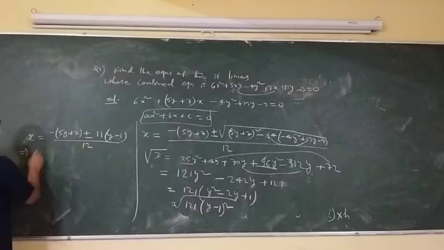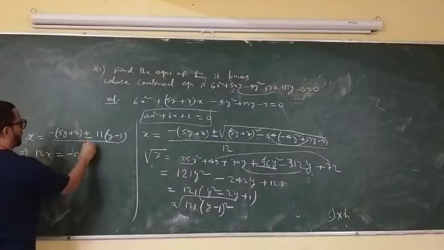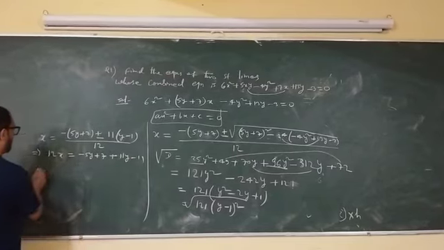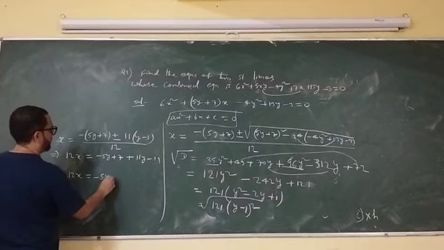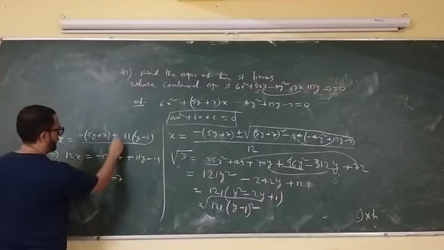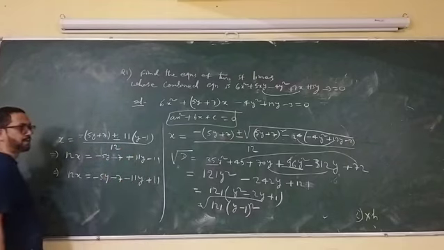So 12x is equal to minus (5y plus 7), one time taking plus 11y minus 11, or 12x is equal to minus 5y minus 7, and this time taking minus 11y plus 11.